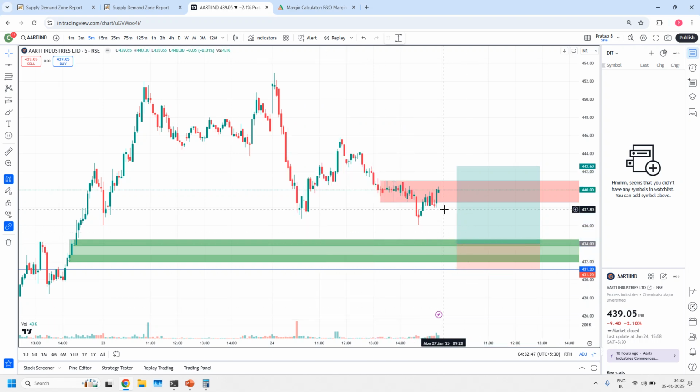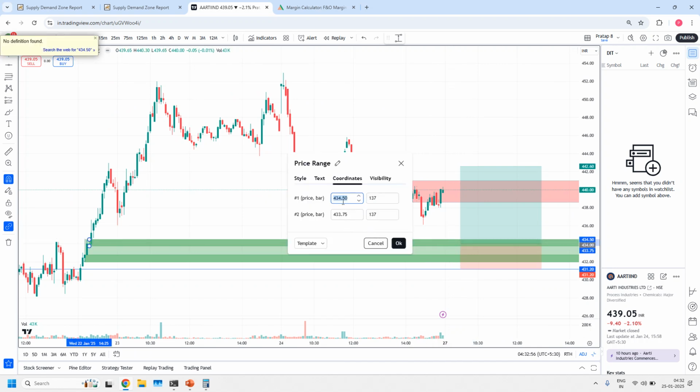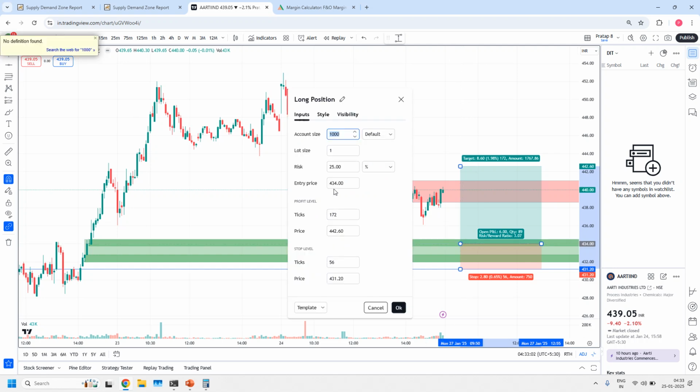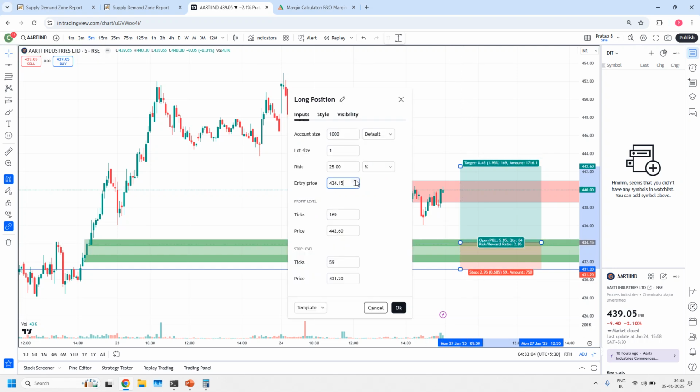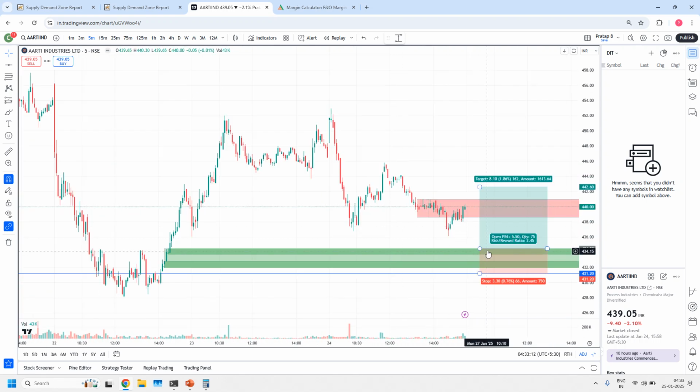It is not updated. Okay, 434.50. Okay, yes. See, now exactly the entry and the stop loss are set.